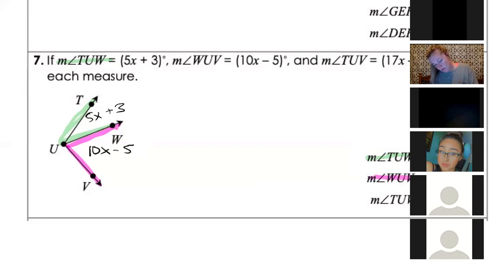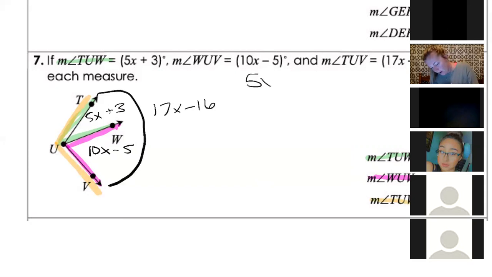And then the last one, I'll do in orange, which is TUV. So T to U to V, which is right here. I like to write it personally on the outside. It is 17x minus 16. So we're going to add the two insides, the green and the pink, together.